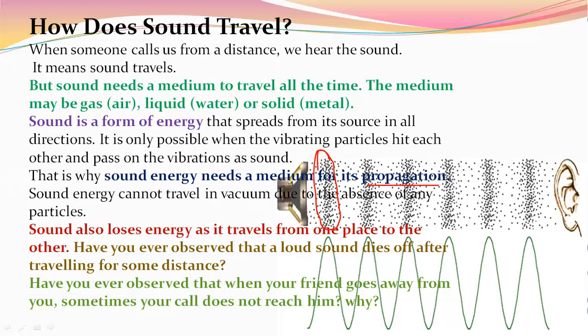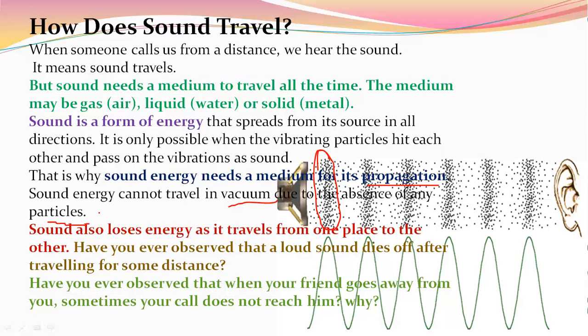The sound energy cannot travel in vacuum due to the absence of any particles. So in space, we cannot hear the other astronaut, and we use something like a walkie-talkie or microphones, etc. But we cannot hear the sound in the vacuum due to the absence of the particles of any type of medium, like solid, liquid, or gas.